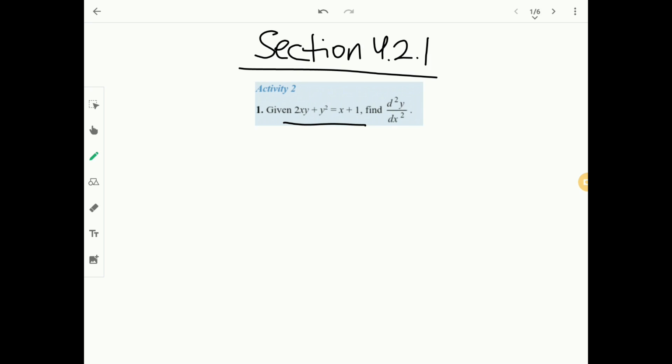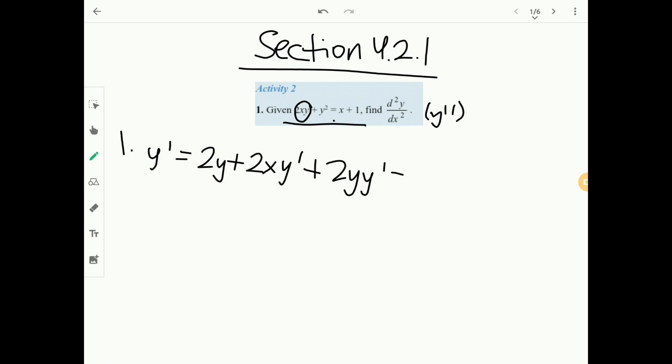Given 2xy plus y squared equals x plus 1, find y double prime. So activity 1 needs us to find y prime of this, so we are doing activity 1 in this question as well. To find y prime, you use the product rule here. It's two variables, so it's 2y plus 2xy prime plus 2y prime equals 1.